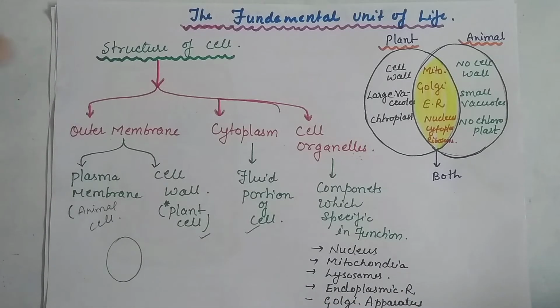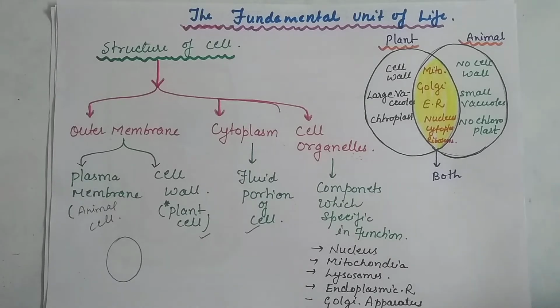They are present in the cytoplasm of the cell, and they are self-sufficient to do their specific functions, and it makes the cell metabolically active. So in this way we are going to study each part of the cell one by one.